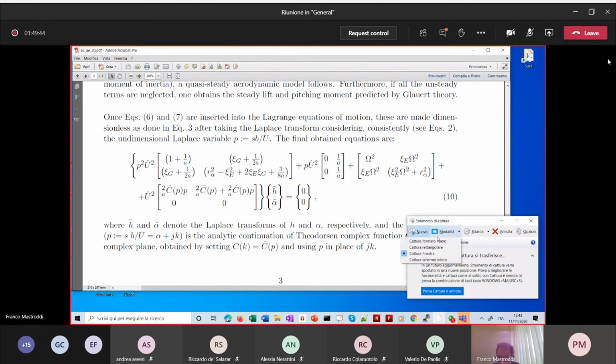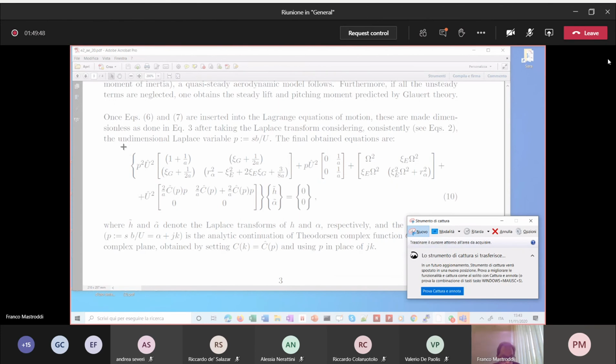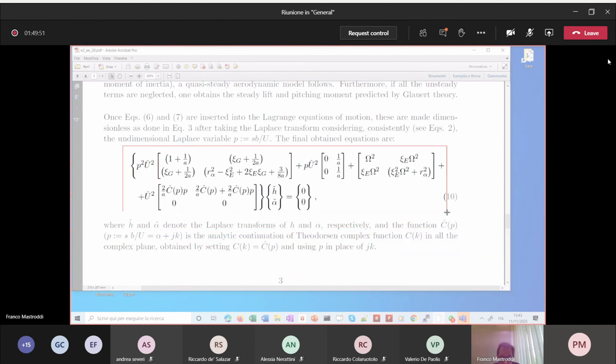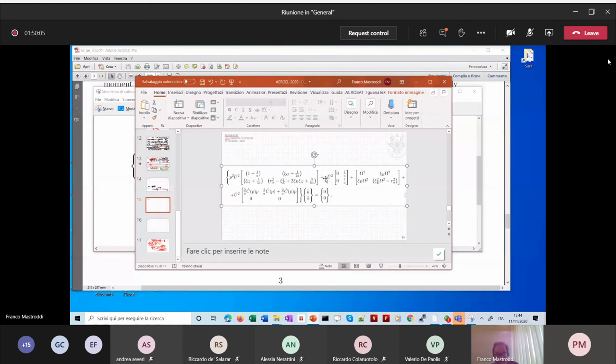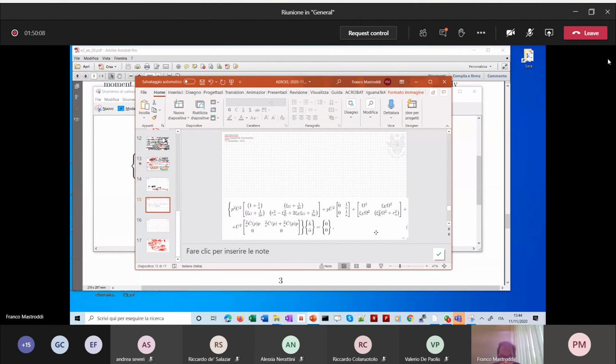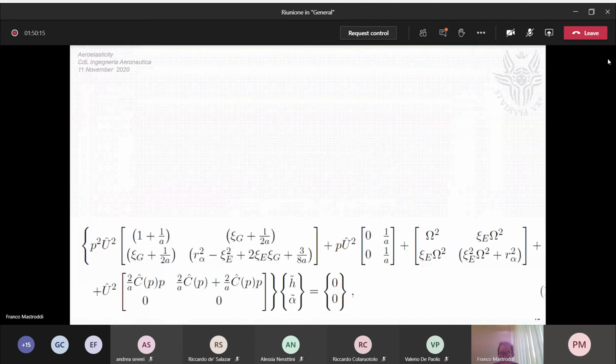Take this equation. Here, we have a system of this type. Look, we have a system of this type.